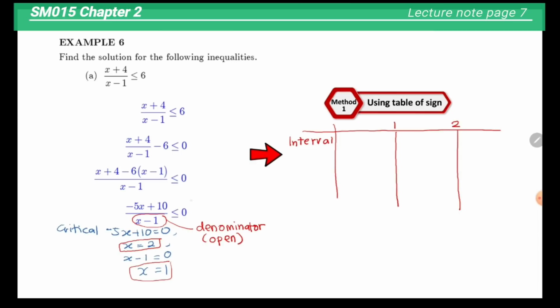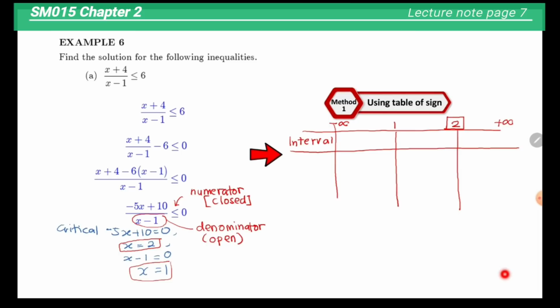For the numerator, we can see that the sign is less than or equal to, so for the numerator it will be closed. It follows the sign of our fractional expression here. So for the numerator, we have x equal to 2, hence we can close at 2, and 1 will be open. From the beginning, it always starts from negative infinity, and at the end it will be positive infinity.